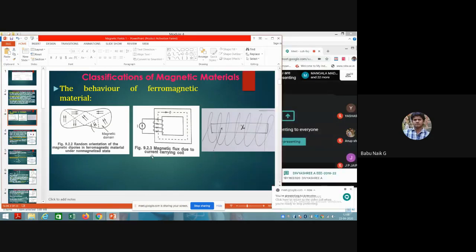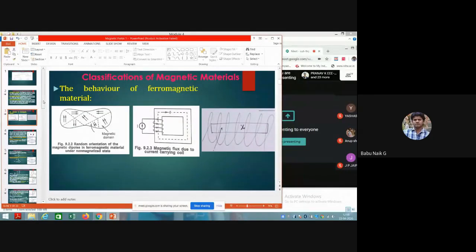Okay, so we have seen this, and the other one also you can see, which is an inductive coil having n number of turns, and if you place ferromagnetic material inside, all this dipole moment will come to one particular direction. So that we have seen, that ferromagnetic material behavior.